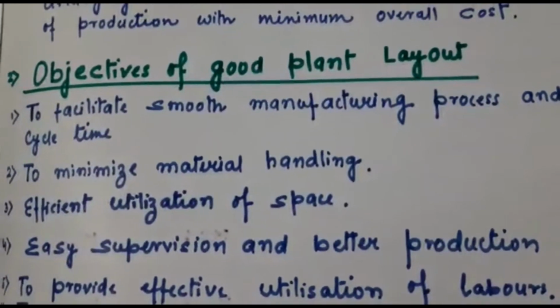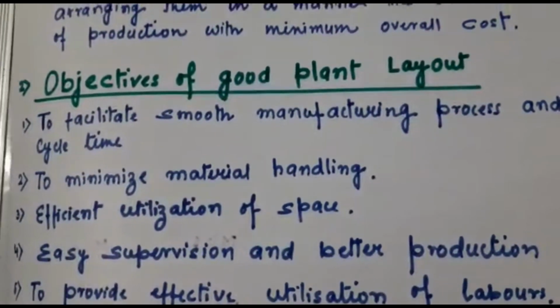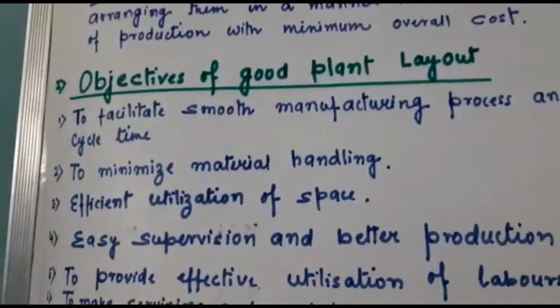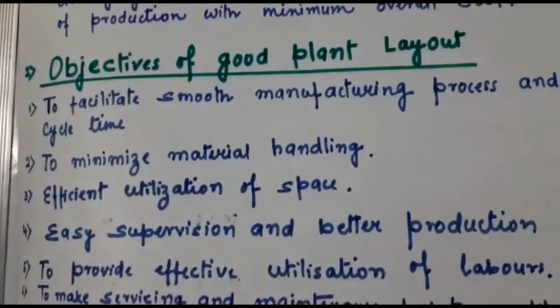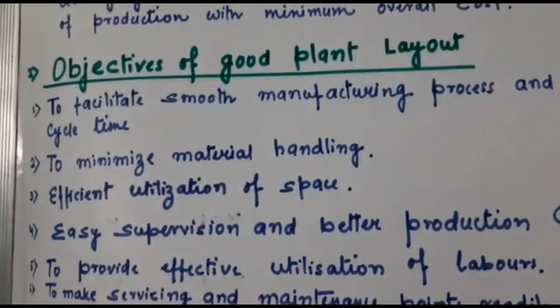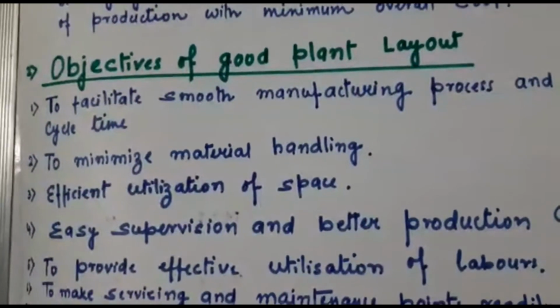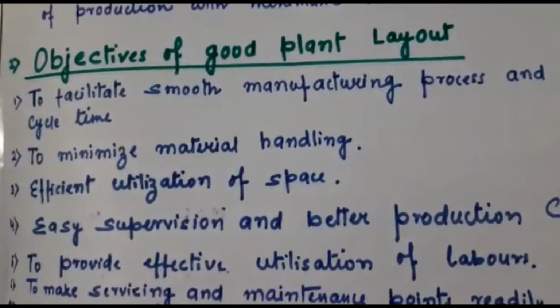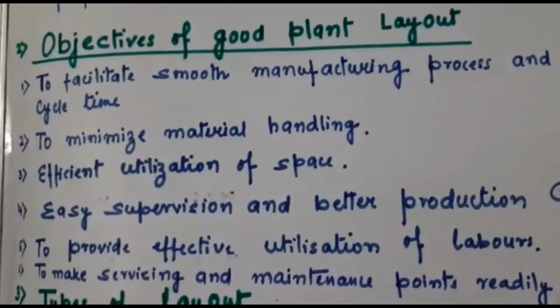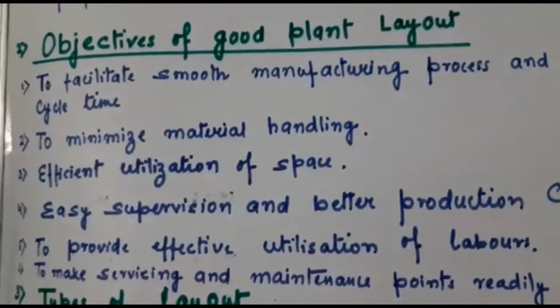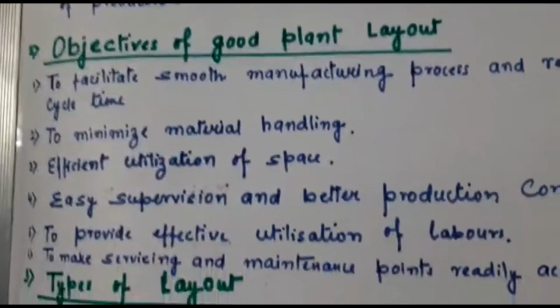Now a good layout also ensures that material, machines and operators are readily observable at all times. Very important point, and thereby helping in or ensuring easy supervision and better production control.